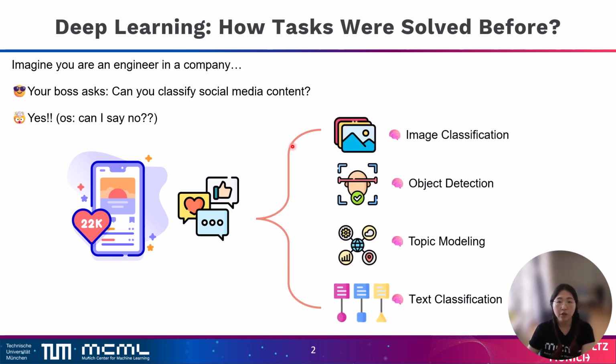When we go deeper into this task, we can find that classifying social media content sometimes involves image classification, object detection, and for text, topic modeling and text classification. So it involves designing different tasks related to different modalities.